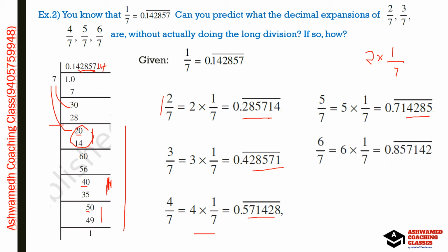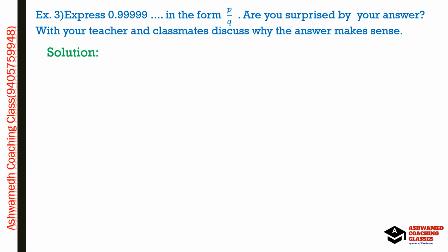This is your 6, and the division starts from here. 6 is divided by 7, so 60 here, 7 into 8 is 56, so your quotient starts from 85714. So without actual division, we can easily find the decimals of 2 by 7, 3 by 7, 4 by 7, 5 by 7, and 6 by 7. Got it? Okay, let us see the third example.